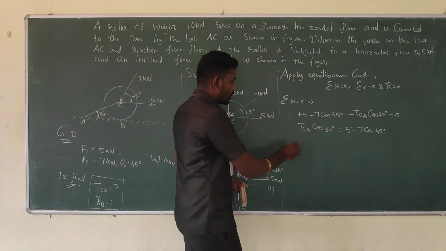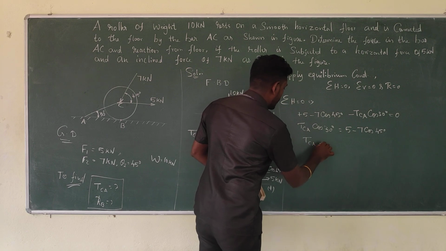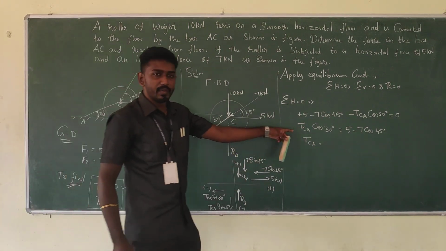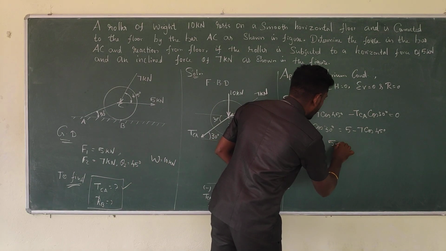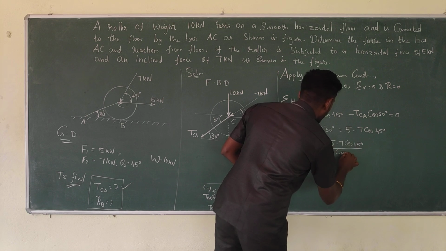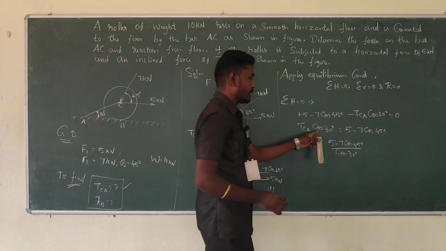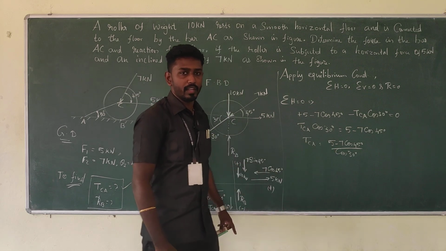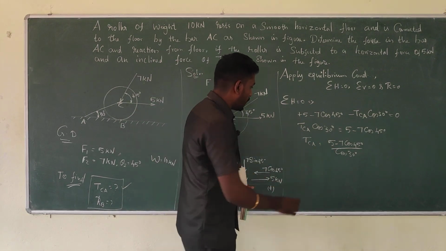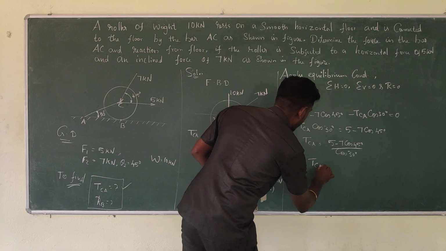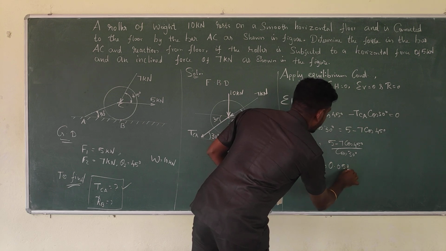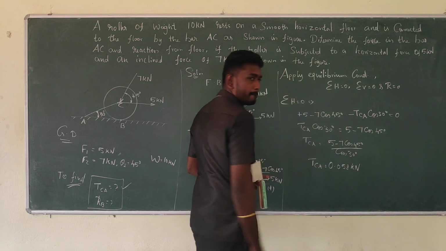Do the simplification. We need TCA, right? So TCA equals 5 minus 7 cos 45 degree divided by cos 30 degree. Cos 30 will come in the denominator. If you calculate this value in your calculator, you will get TCA as 0.058 kilonewton.